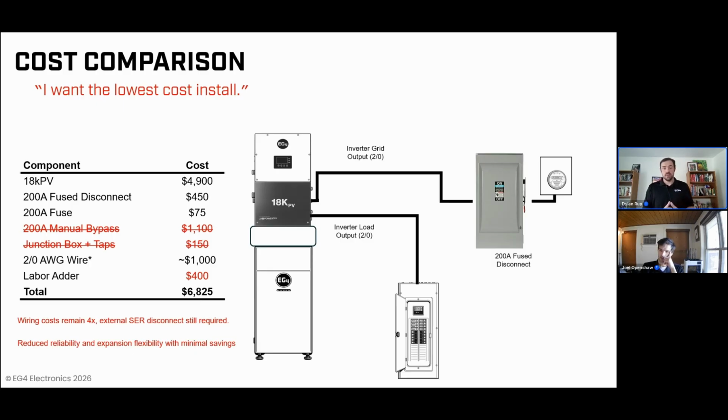Under this scenario, where we're going to eliminate the 200 amp manual bypass, eliminate the taps and the junction box that enable that, we're still going to see that significantly increased cost from the multiple 2-gauge conductor runs. We're still going to have to deploy some kind of service entrance rated disconnect prior to hitting the grid input of our hybrid inverter.